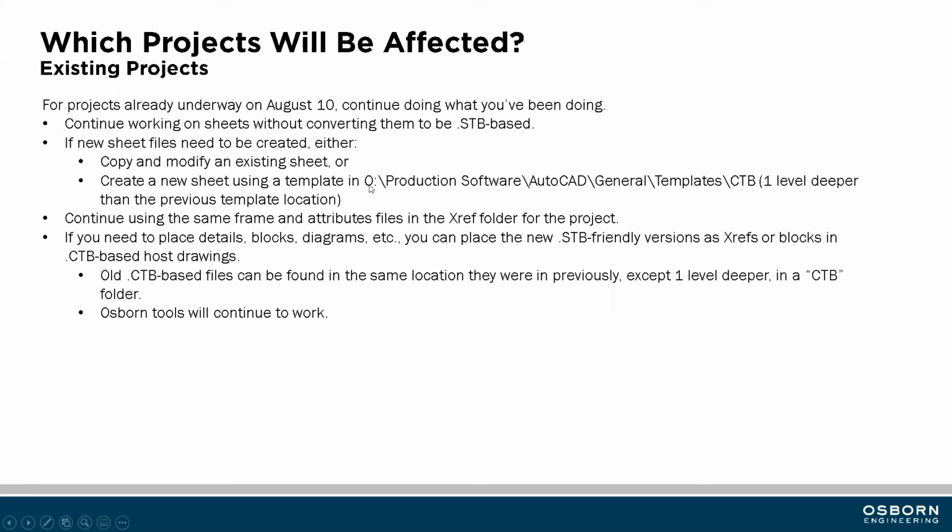It's going to be under Q, Production Software, AutoCAD, General, Templates, and then in this CTB subfolder. And on the ongoing projects, continue using the same frame files and attribute files.